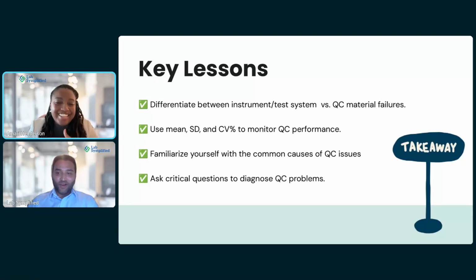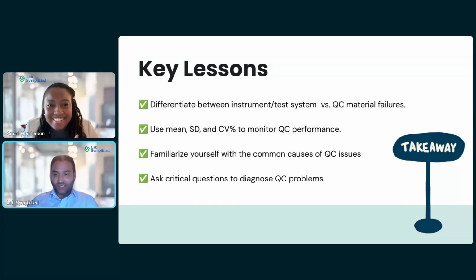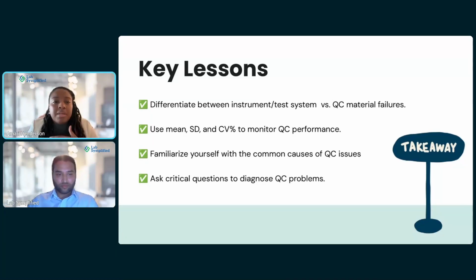And Amari, we have one more question here. I think it's related to the previous case study section. Julie asked, what if we don't have multiple instruments? That's when, like I said, you can partner with another lab or a sister lab.